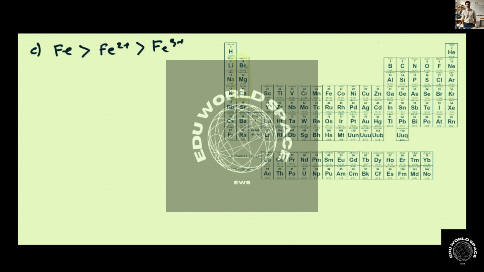In this case, like with the first problem, the number of protons is staying the same. But this time, as you remove electrons, it gets smaller.